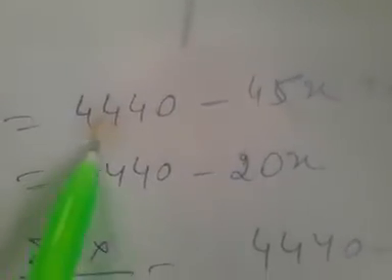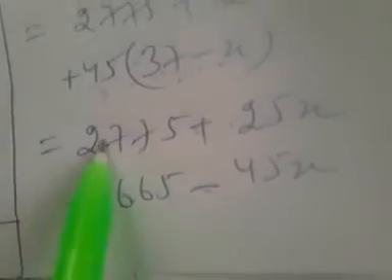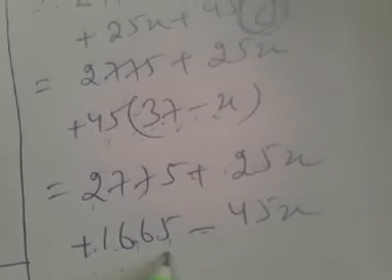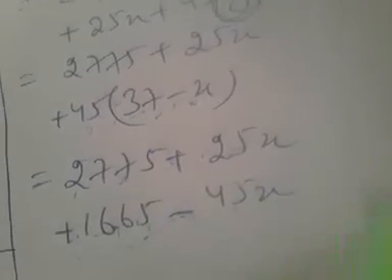Now after that we can solve it further, and we see that summation fx can be obtained as 4440. It is the sum of 2775 plus 1665. These two when added will give us 4440, and these two, plus 25x minus 45x, are there.